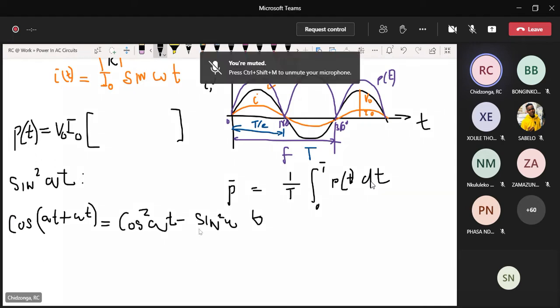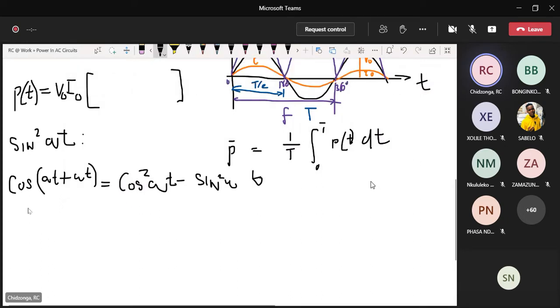Now, you also know from Pythagoras that cos squared omega t plus sine squared omega t is equal to 1. In other words, we can write cos squared omega t is equal to 1 minus sine squared omega t, like that.